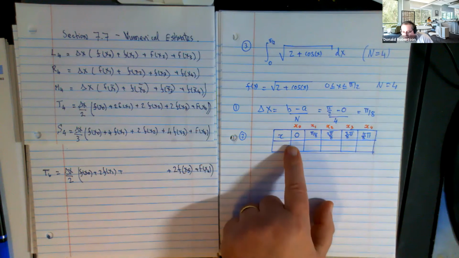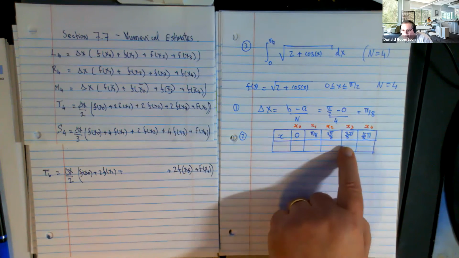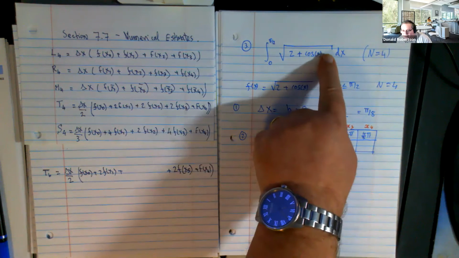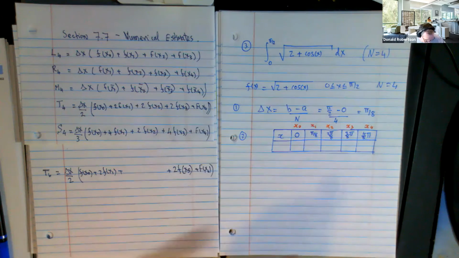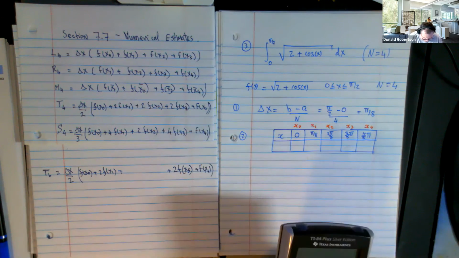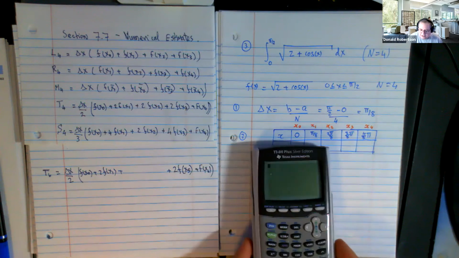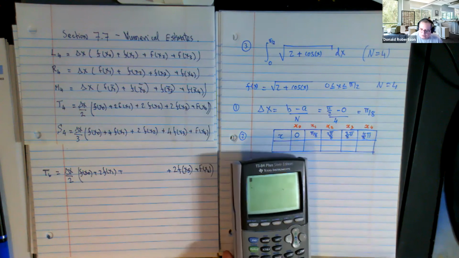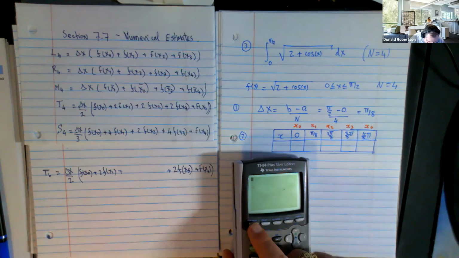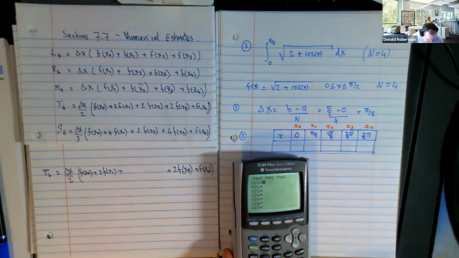Now, for each value of x, we then evaluate this ugly guy. And I'm going to try and let the calculator take some of that workload off me. So I'm going to go y equals. I'm going to type in the square root of 2 plus cosine x.